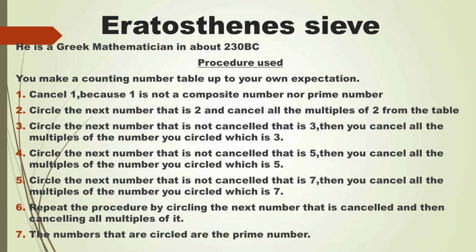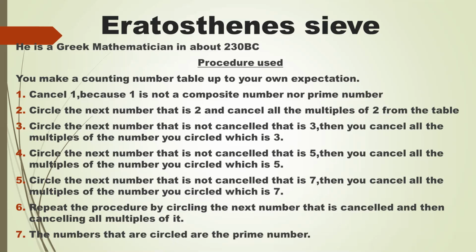A counting number table means, let's say, 1 to any number. For prime numbers less than 30, let's say 1 to 30. For prime numbers less than 50, let's say 1 to 50. For prime numbers less than 100, you have to list the counting numbers 1 to 100.